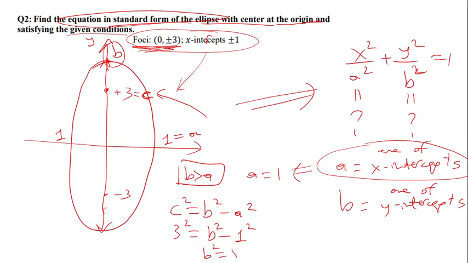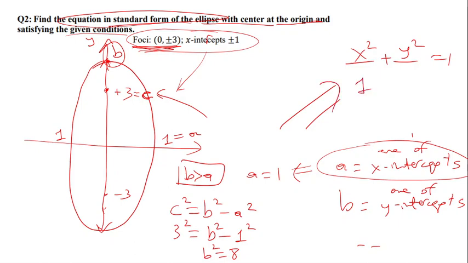So b squared has to be 8. We could find one of the y-intercepts, plus or minus square root of 8, but no need to find b indeed; we need only b squared and a squared. So we can put them here: a squared is 1 and b squared is 8. So this will be the equation of it.